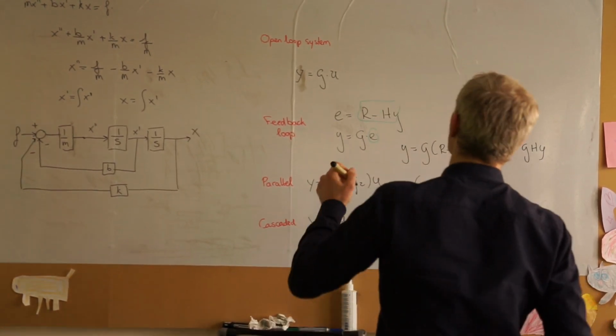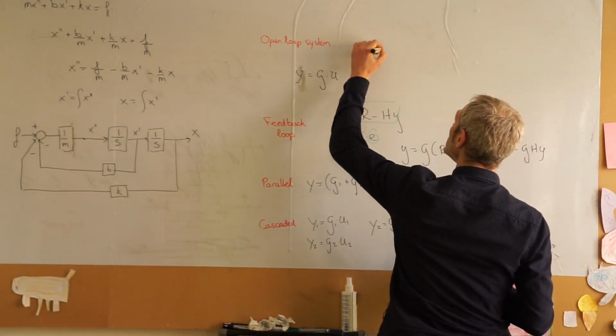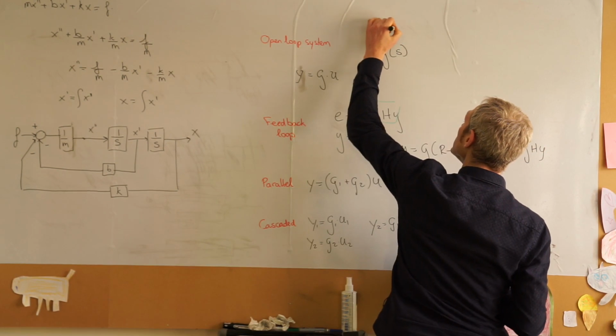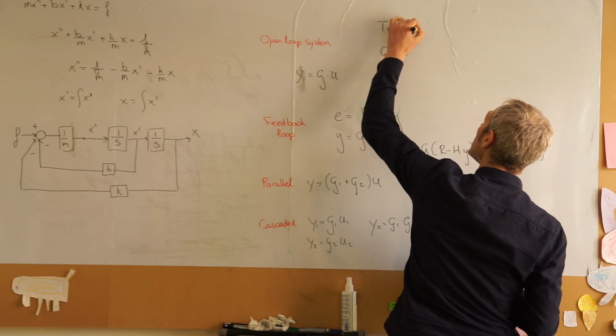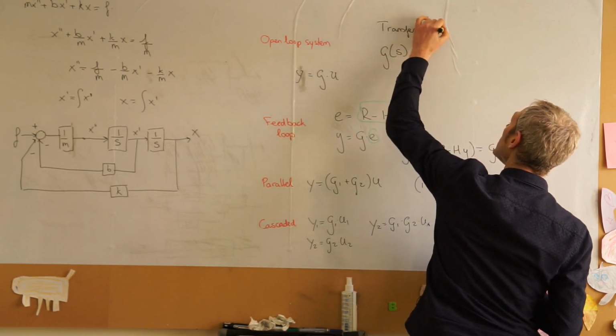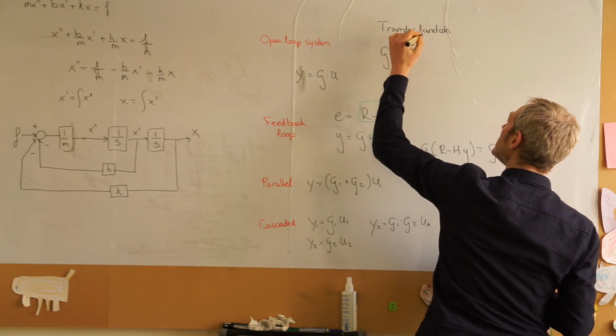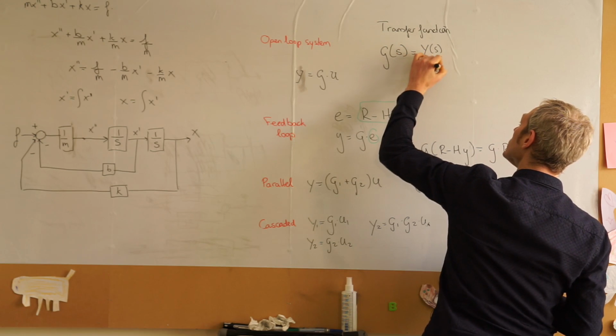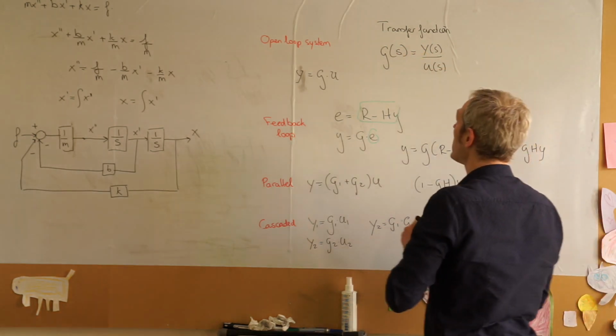But I will write that down just one more time. The transfer function of a system G of S is the relationship of the output over the input, all in the Laplace domain.